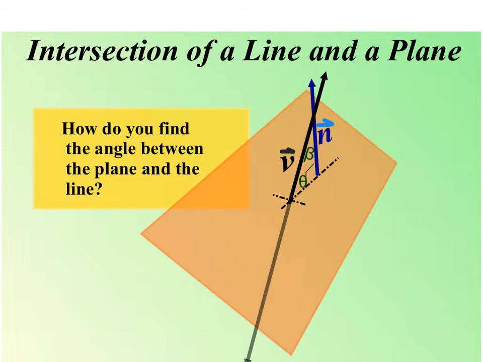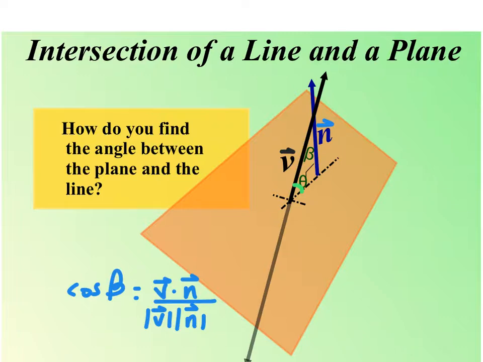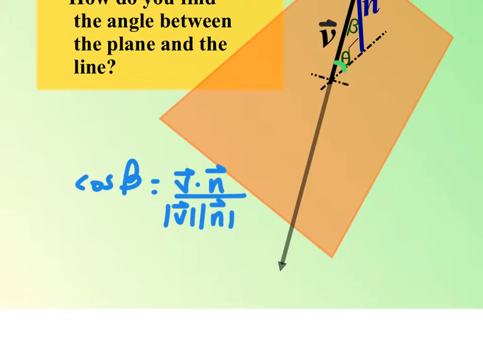Now, if I could find angle beta, which is not the angle between the vector and the plane, but I could find beta if I knew vector v and this normal vector. At this point, we've got some shortcuts to where we can find the normal vector and the magnitude of it. So then we could do the inverse cosine, find beta. Beta will be some angle, right?